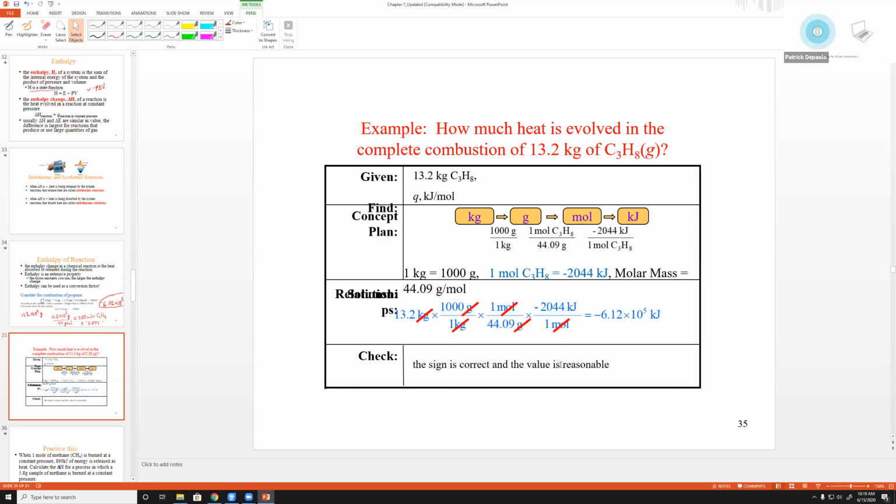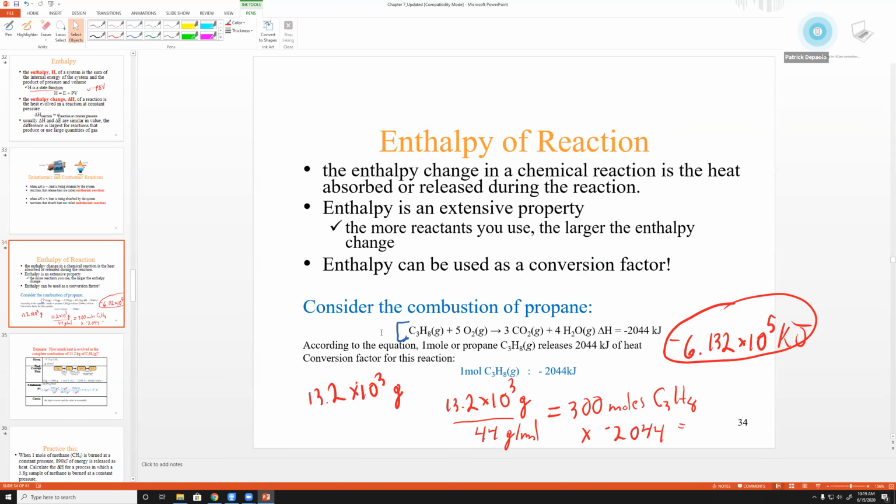So basically, you're using this enthalpy in the equation as a conversion factor. Sometimes the equation might not be as simple as per 1 mole of propane. Sometimes you may have 2 as a coefficient here. And you notice all the equations are balanced. So balancing is still going to be a thing on this test.